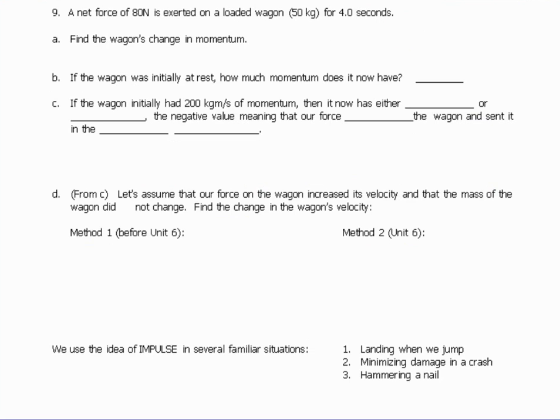A net force of 80 newtons is exerted on a loaded wagon of mass 50 kilograms for 4 seconds. Force, mass, and time. Find the wagon's change in momentum. Remember, here is our formula for change in momentum.